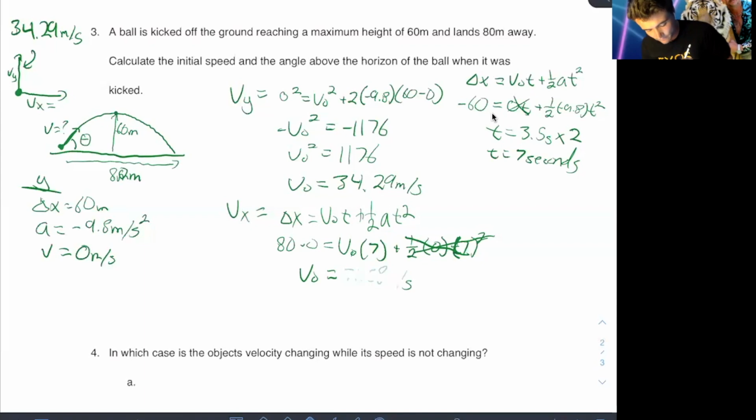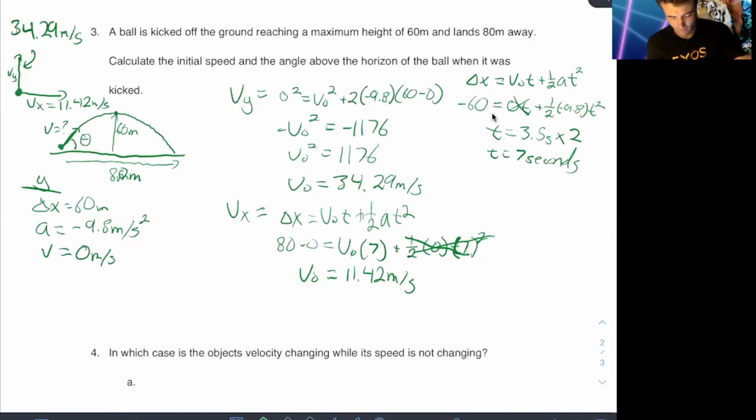Sorry, my notes are scrambled. Our velocity in the x direction is 11.42 meters per second. So if you solve it out, you get that. Cool. Now we have our two variables.